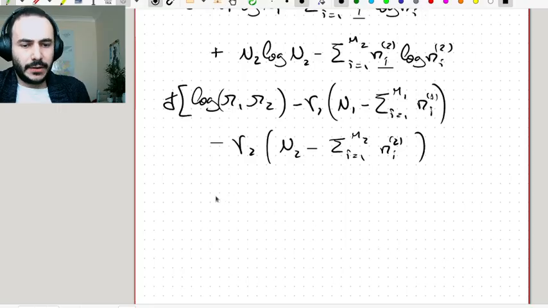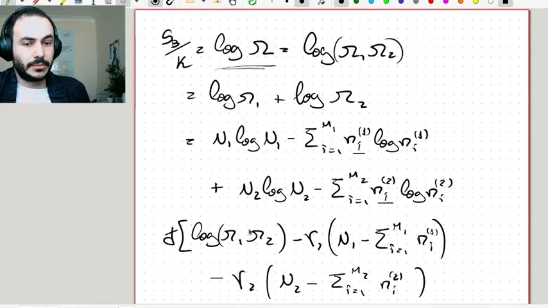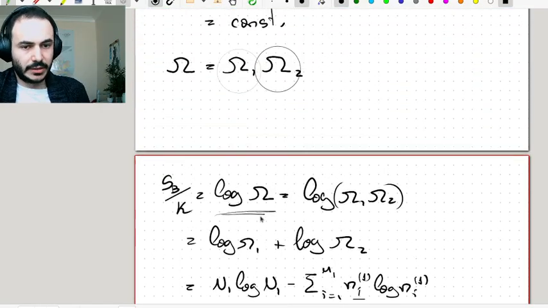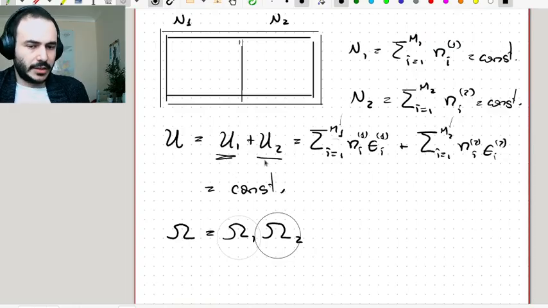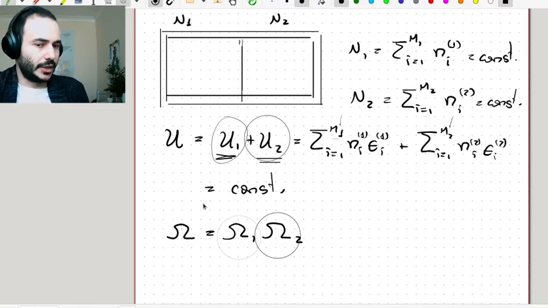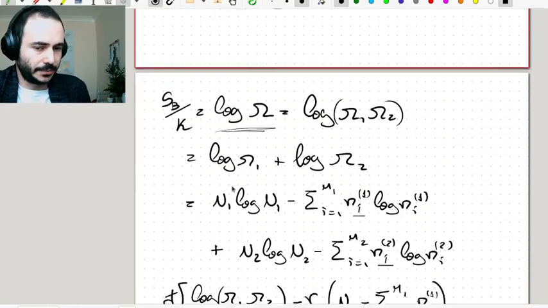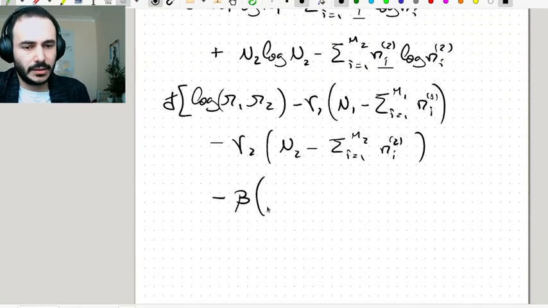And we have now another constraint, and this is the energy constraint. But we have only one multiplier, because we don't have a constraint that the energy of subsystem 1 is constant and the energy of subsystem 2 is constant. Now the global energy is constant, but the individual energies can change, because they are exchanging heat. So this is the key point.